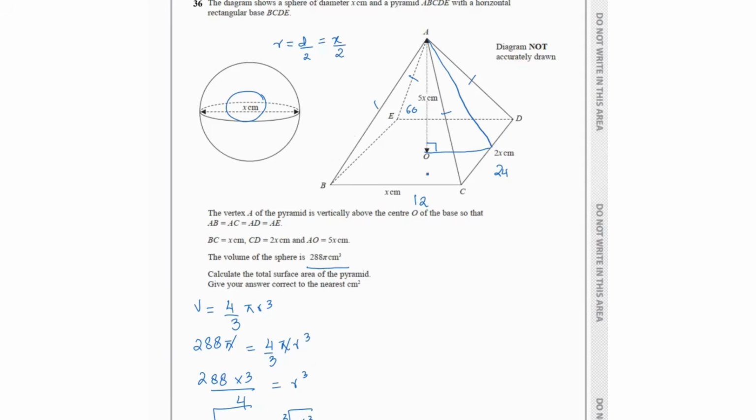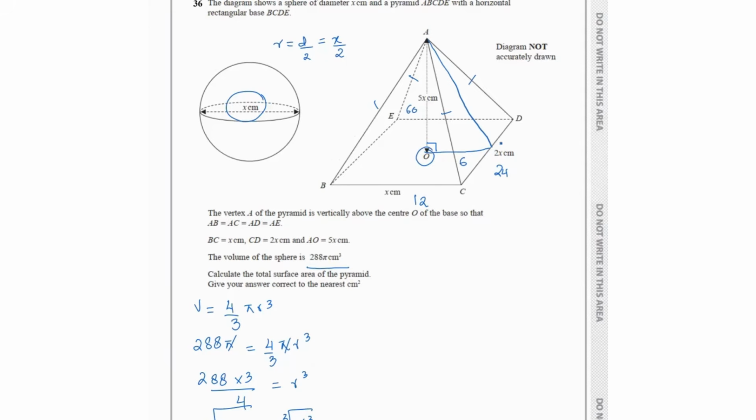We have the height. Total length of BC is 12, and O was the center of the pyramid, which is given in the question, which means half of it is going to be this length, and that is 6. So we can easily use Pythagoras to figure out the hypotenuse of this triangle.